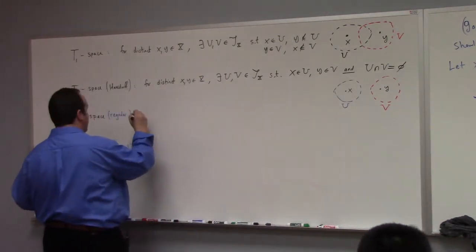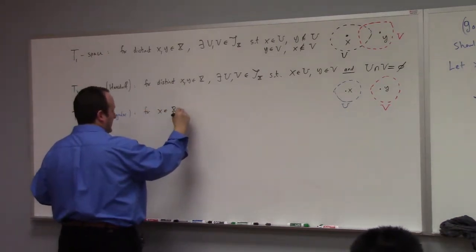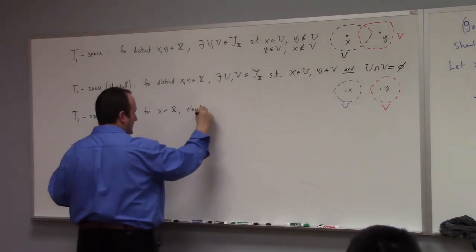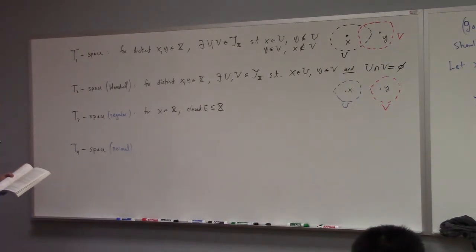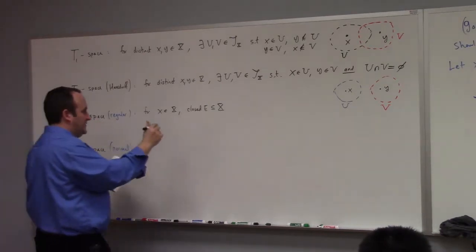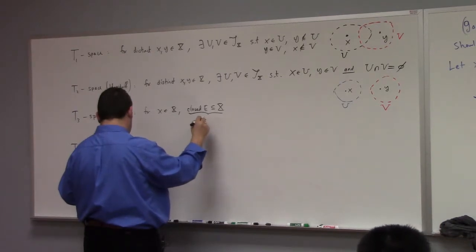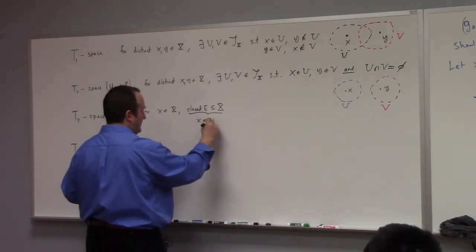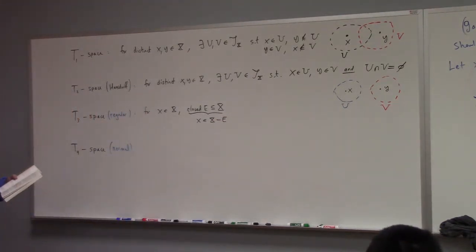All right, so for X in X and closed E subset of X, given a point and a closed subset, and disjoint, so here X is an element of the complement of E. This is a stupid way of saying that X is not in E, I think.